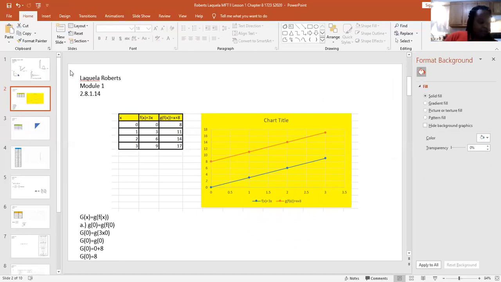Here we are with this, and this is talking about our functions, okay? So that's what we're talking about, our functions.